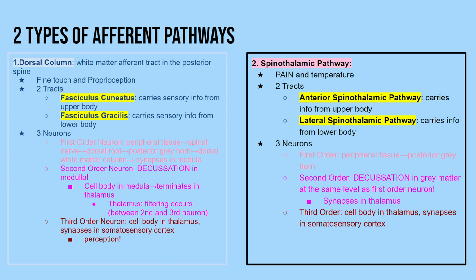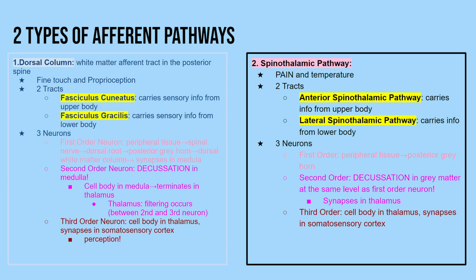And then in the spinothalamic pathway, you have the anterior spinothalamic pathway, which carries information from the upper body, and the lateral carries information from the lower body. So what that means is if I had a painful stimulus in my upper body, like my shoulder, the stimulus would get to my brain via the anterior spinothalamic pathway.